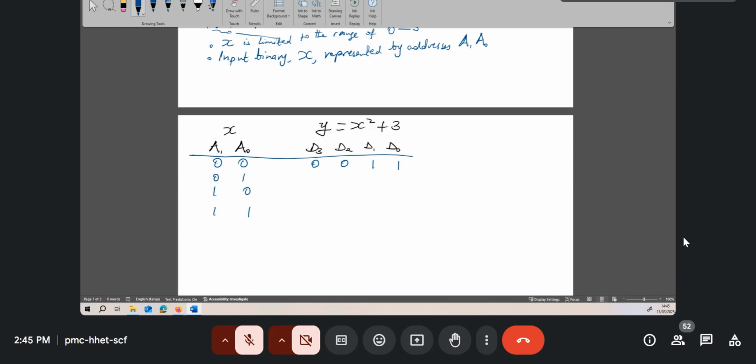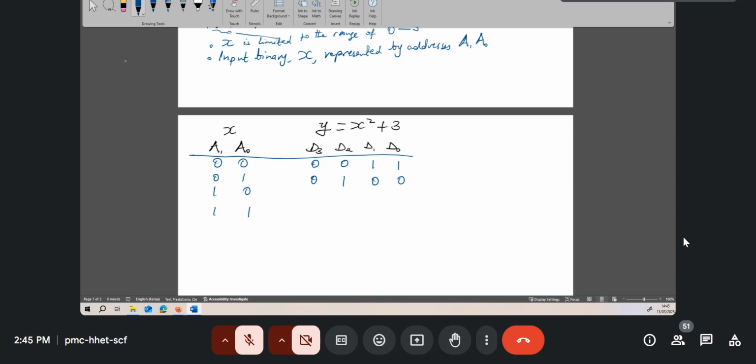For the second, where x is 1, that one will be 1 plus 3, which is 4. In binary, what would that be? 0100. Yes, correct. This will be 0, 1, 0, 0. Next one, x now is 2. 0111.